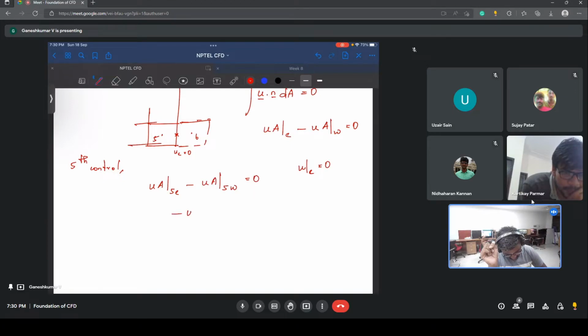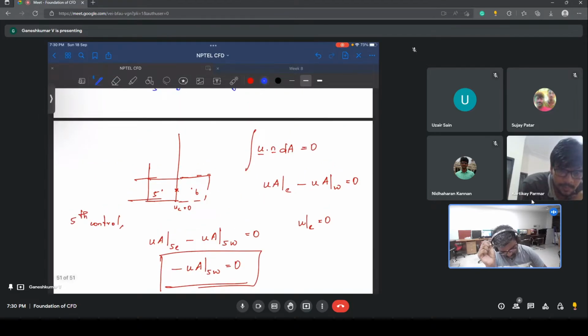The equation simplifies so that the west term is equal to 0. Let's not put equal to 0, you might get confused. It is some function of u, and this is also some function of u.